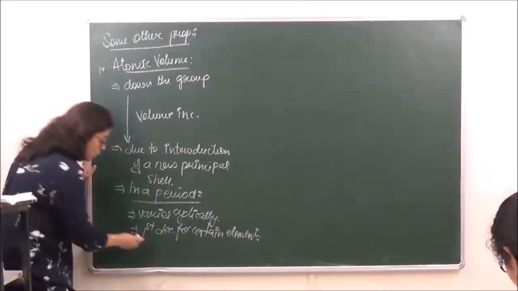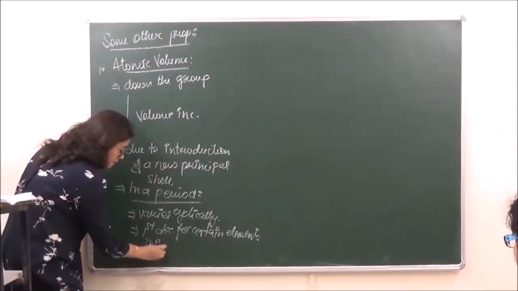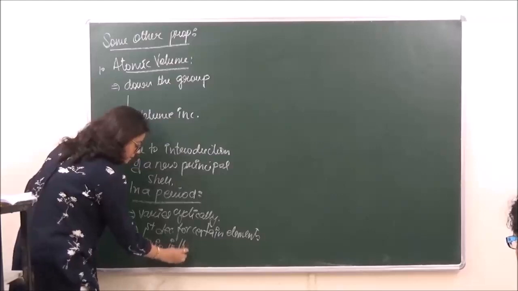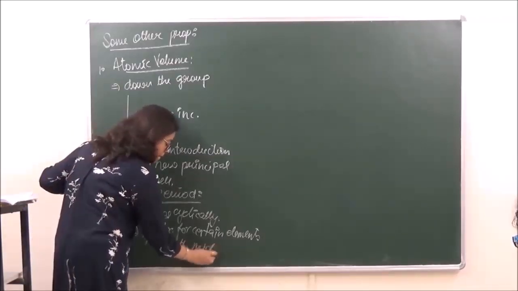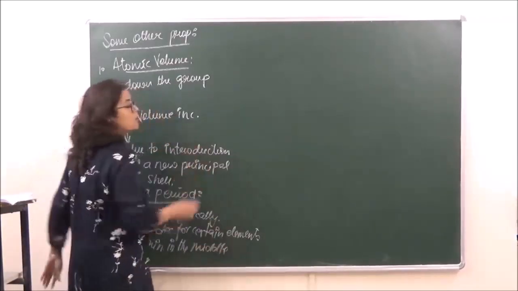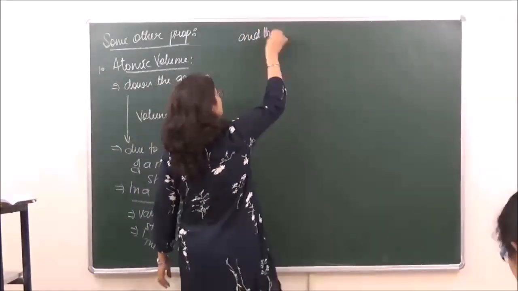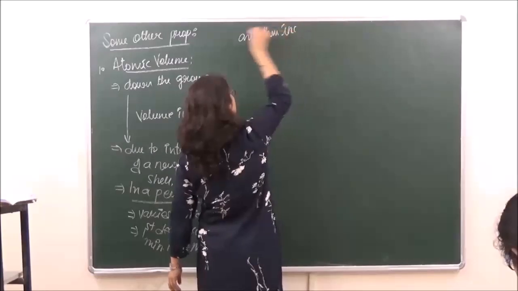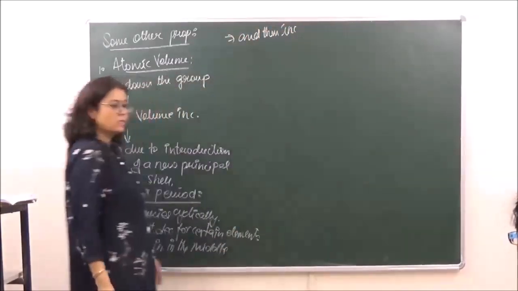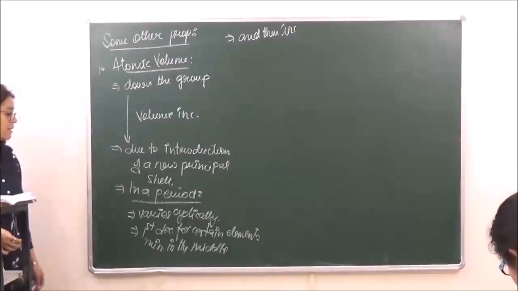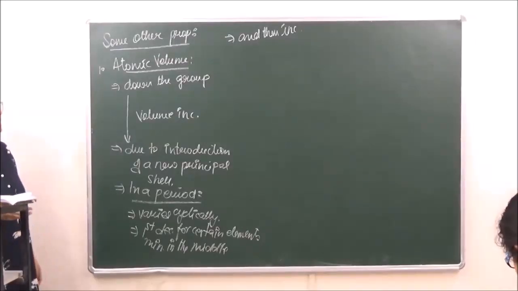Middle में जाके minimum हो गई, and then increases. And then increases. ठीक है? So what is happening? First it is decreasing, reaching a minimum, and then it starts increasing.